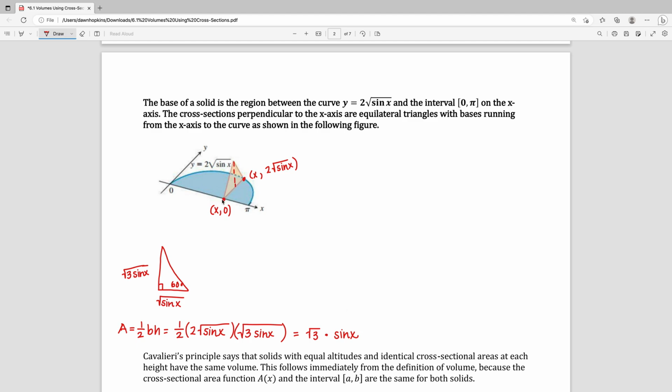To find the volume, imagine this being a three-dimensional shape here. To find the volume over the interval from 0 to pi, we're going to integrate that area. So it's the square root of 3 times sine x dx.